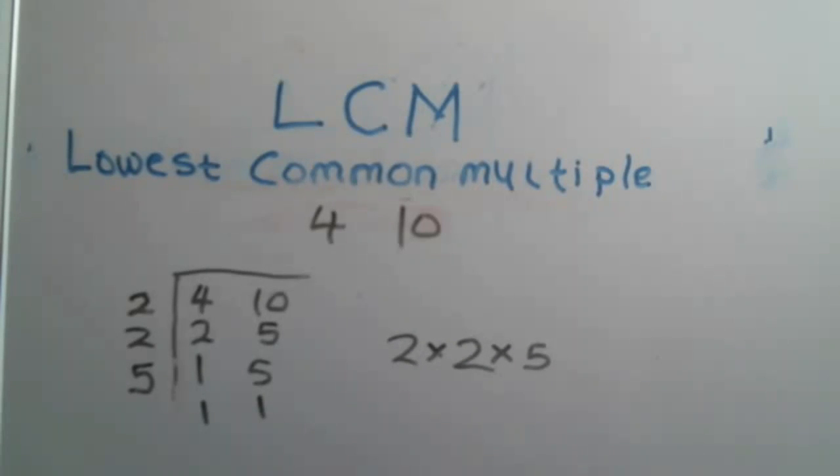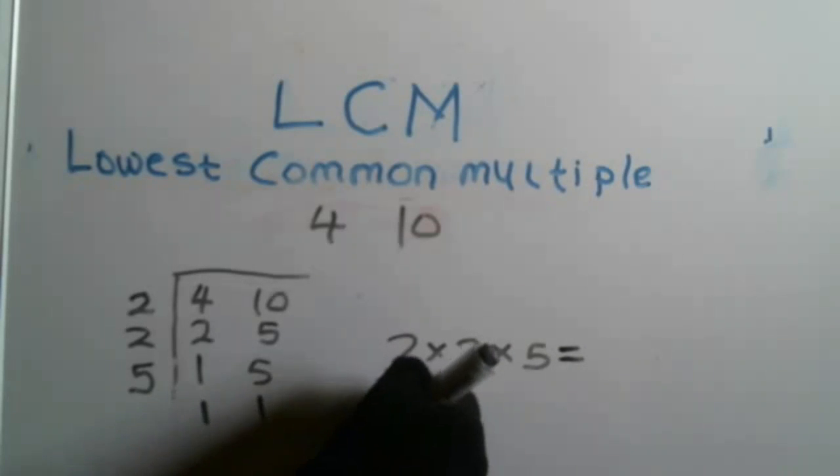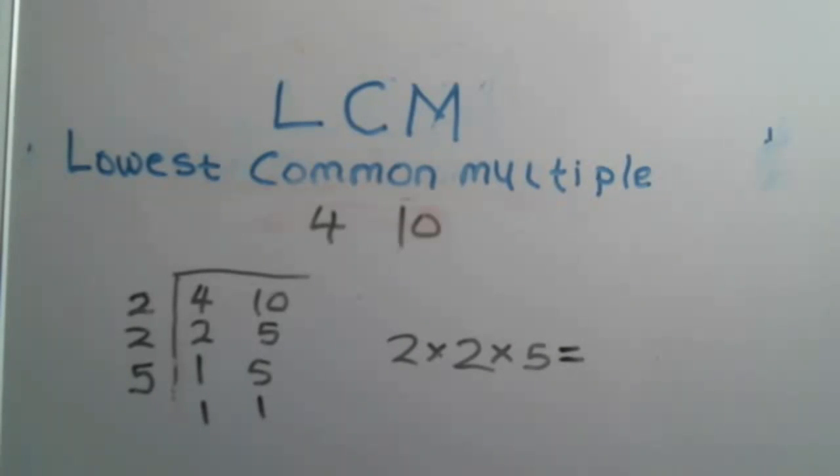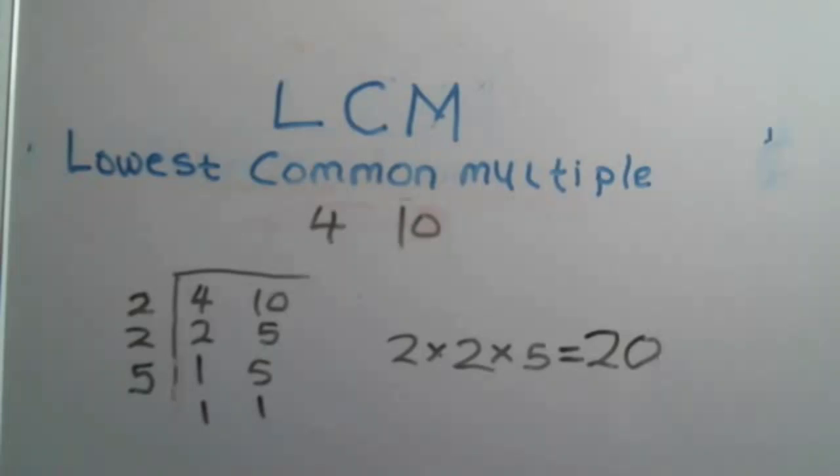So let's go. 2 times 2 is 4, and 4 times 5 is what? I'll give you some seconds to think. 4 times 5 will give us 20. So the LCM of 4 and 10 is 20.